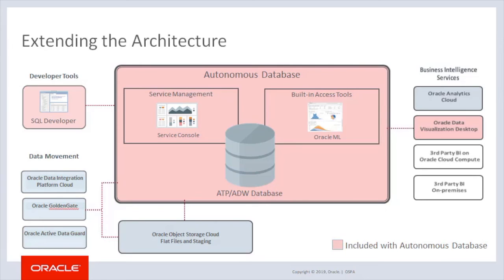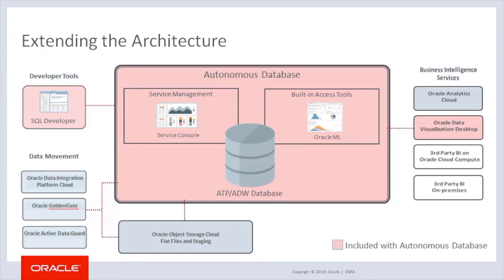For data movement in and out of Autonomous Database, the Oracle Cloud Platform provides object storage that the Autonomous Database uses to stage files that are being loaded into it or for external backups that users want to perform. However, Autonomous Database uses internal Exadata storage for database object storage and does not require the use of Cloud Object Store for its operation.